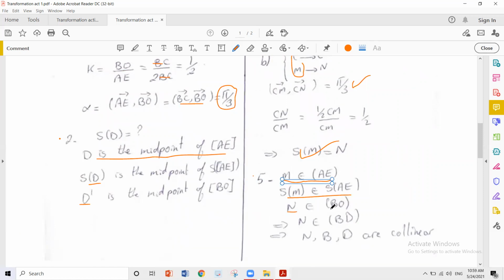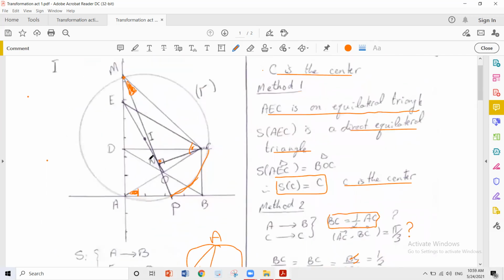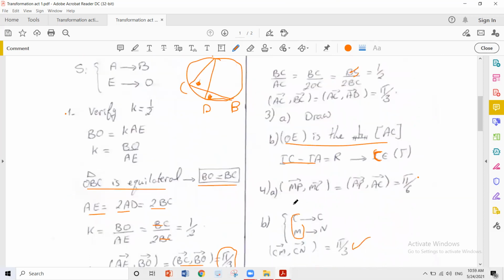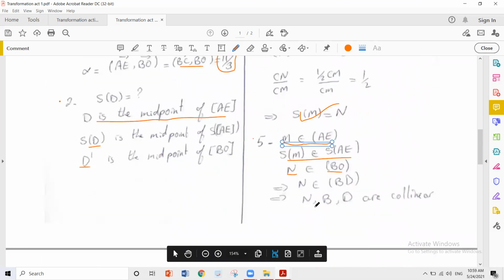S of M is N, which belongs to BO. But BO is the same as BD. So N, B, and D are collinear.